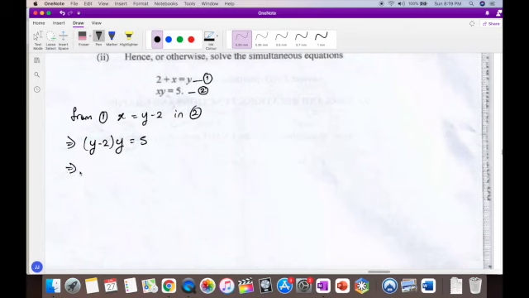So therefore y squared minus 2y minus 5 is equal to 0. Yeah? And of course here I could find two values. So what values that when I add them I will get -2, but when I multiply them I'll get 5.